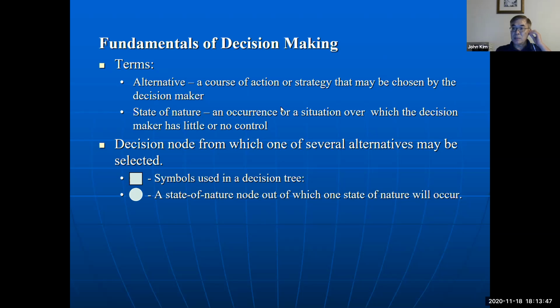And then state of nature. In nature, in many cases we cannot control, but sometimes we can have something like a possibility, like a percentage. The possibility of that case and that case, then if we have that information, based on that information we can choose.